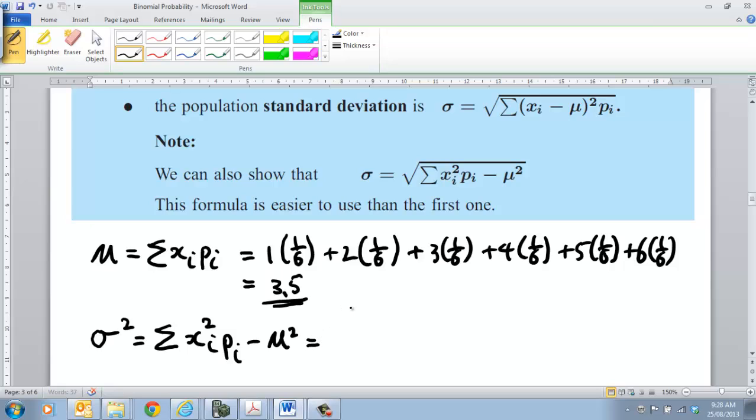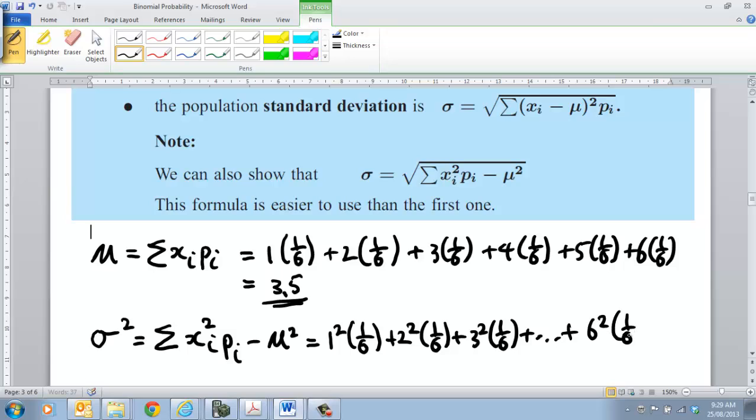Now that's simply then going to be equal to 1 squared times 1 over 6 plus 2 squared times 1 over 6 plus 3 squared times 1 over 6. Get the idea? Plus dot dot dot, plus 6 squared times 1 over 6.